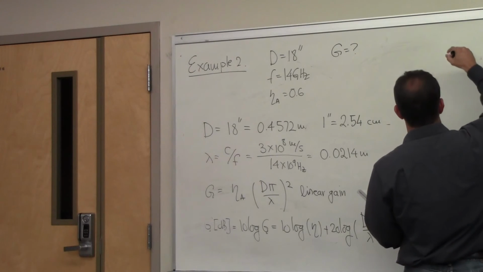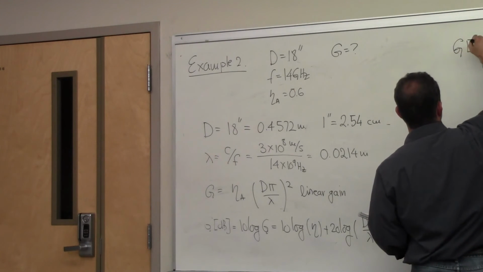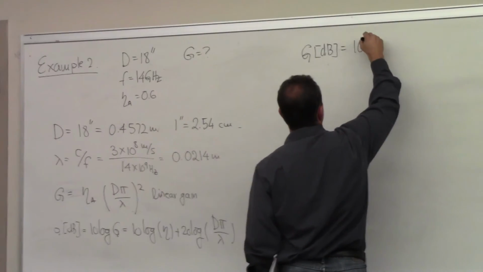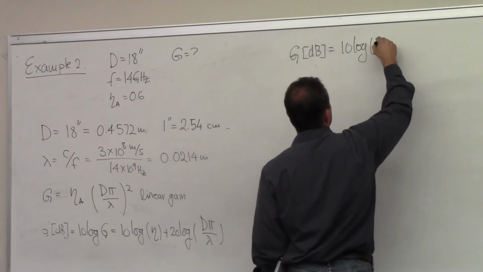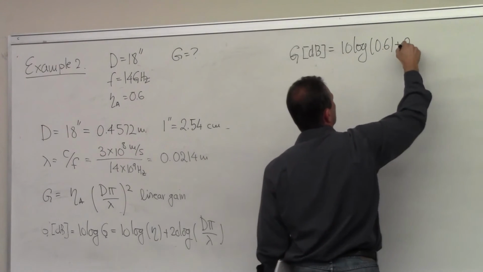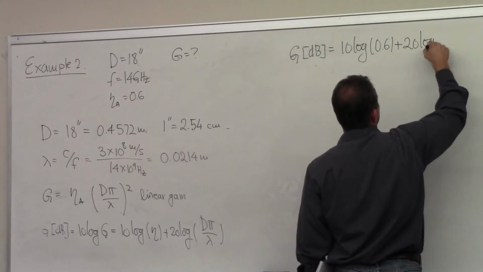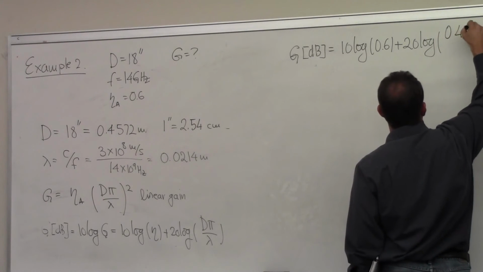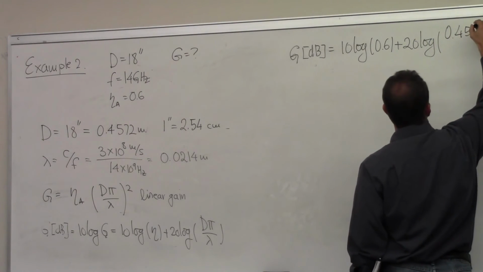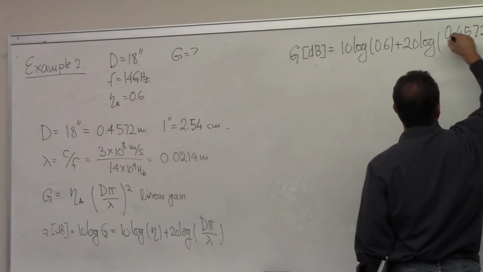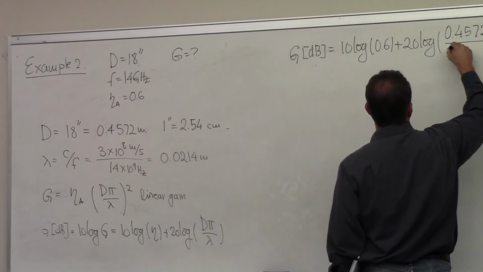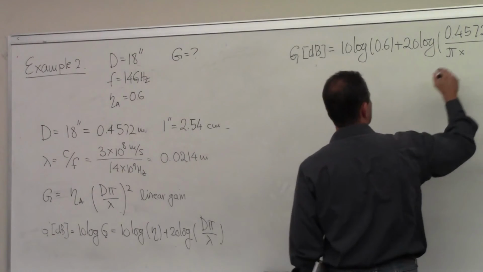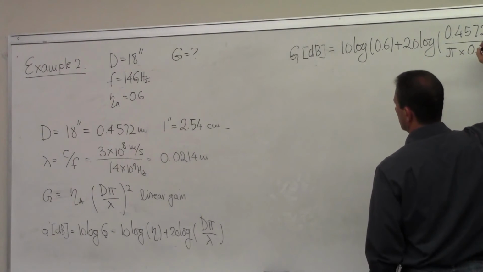So you end up with gain expressed in dB being 10 log of your efficiency, which in this case is 0.6, plus 20 log of the diameter, which is 0.4572 meters, multiplied by pi and divided by lambda, which is 0.0214.